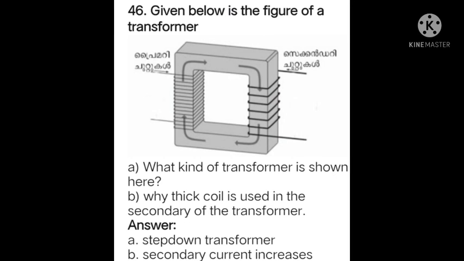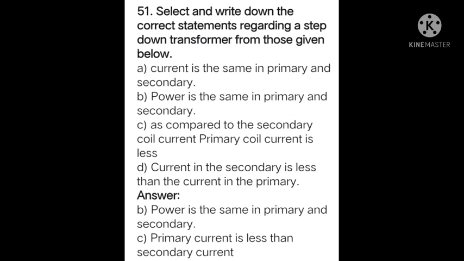Given below is the figure of a transformer. What kind of transformer is shown here? Step down transformer. In which way can we identify that? The primary coil turns are more in the case of a step down transformer. Why is a thick coil used in the secondary coil of the transformer? Secondary current increases, so thick wires are used.